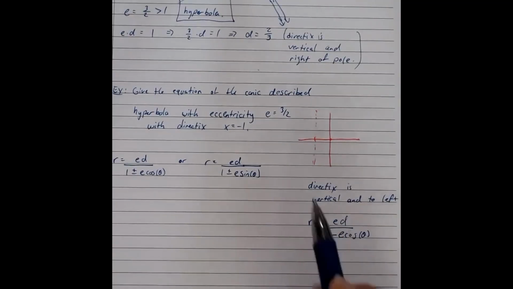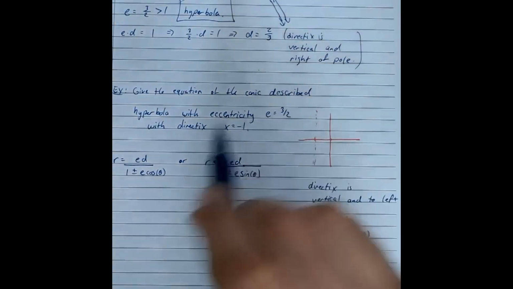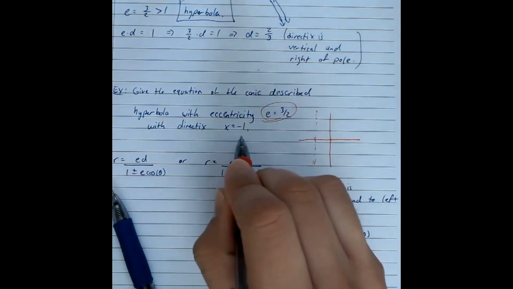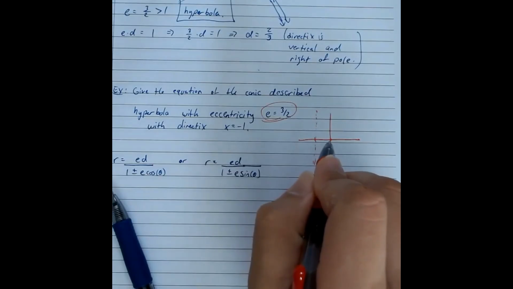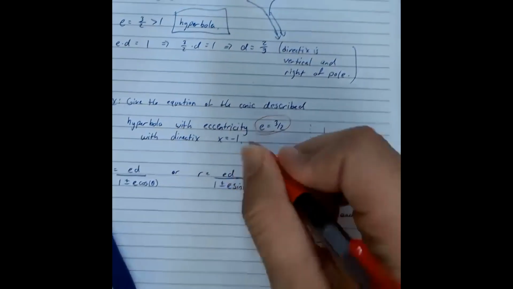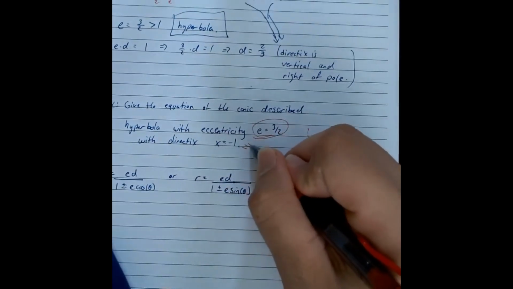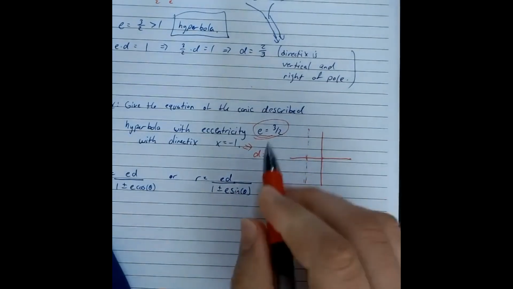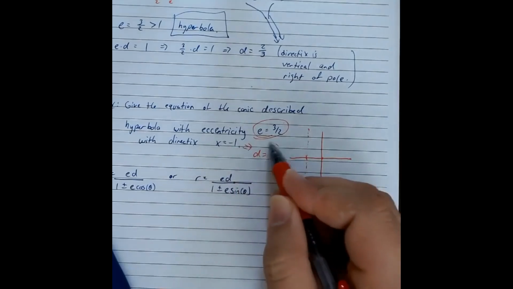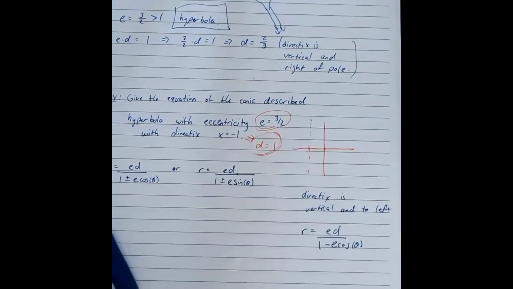We know E is equal to 3/2. And since the directrix is x equals -1, that means that from the origin, or in the polar coordinate system from the pole, it's 1 unit away. So here we get that d is equal to 1. Remember, d is not the number, it's the distance, so it would be the absolute value thereof. Okay, so there's d equal to 1.